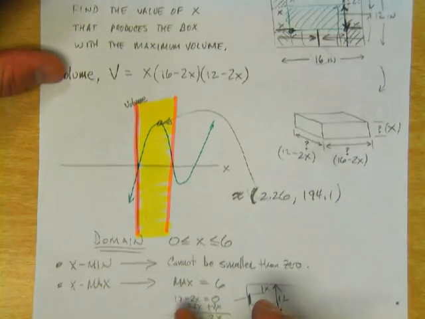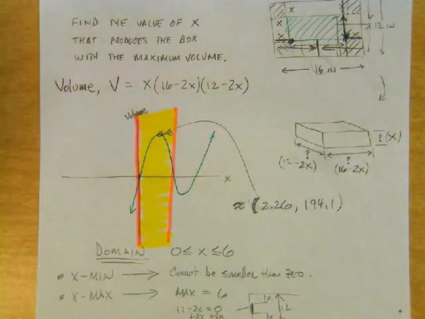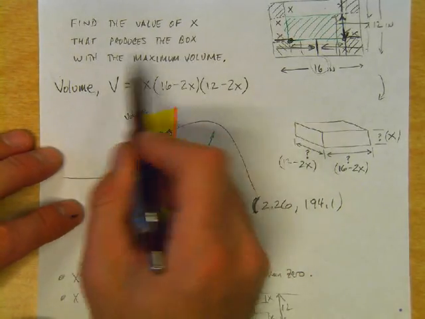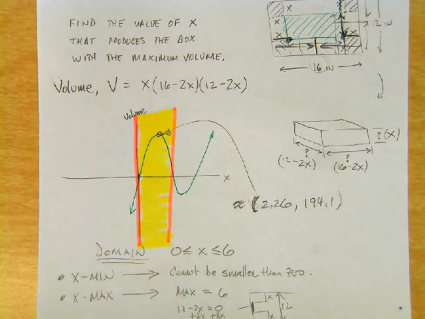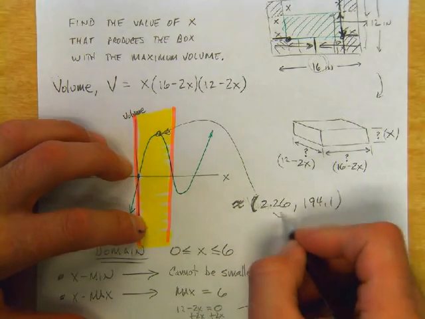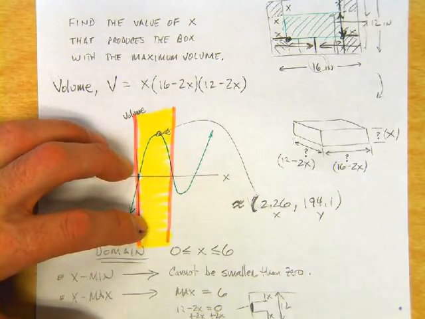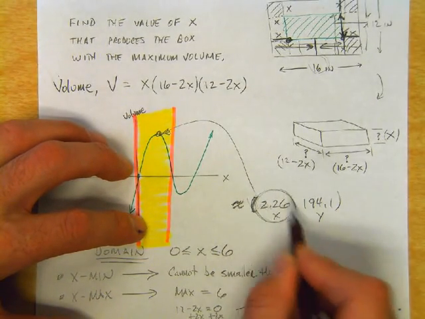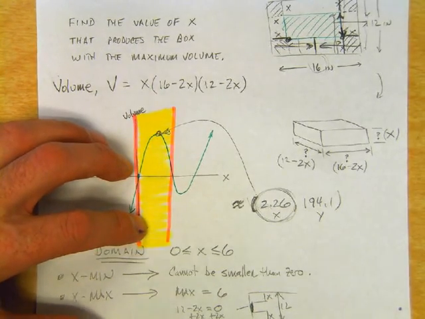So, what's the answer to the question? What is the value of x that produces the box with the maximum volume? Isn't that the x, and that's the y? And that's the maximum, so what value of x gives you the box with the maximum value? Yeah.